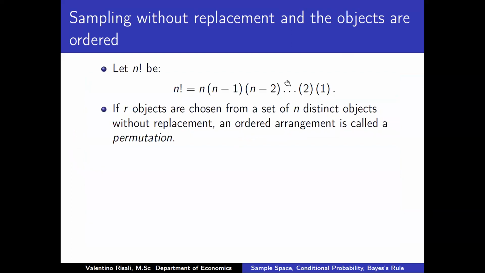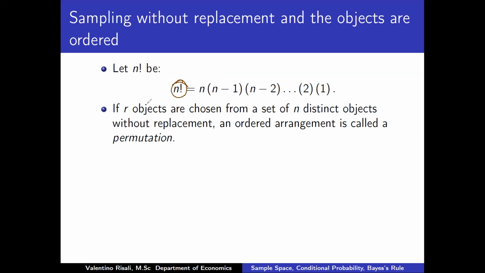Next, for the second case, that is sampling without replacement, and the objects are ordered. Before we talk about the formula, we consider the factorial notation, n factorial, which is equal to n times n minus 1 times n minus 2 until times 2 times 1.